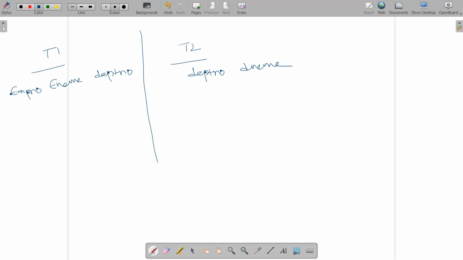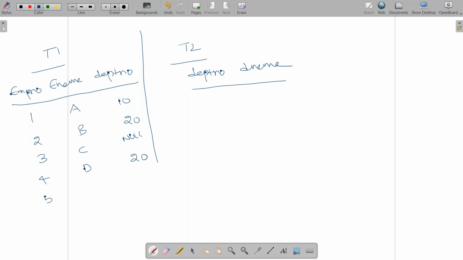So let's say we have data in the employee table like this. We are considering typical scenarios. Understand carefully, these are all very, very important.